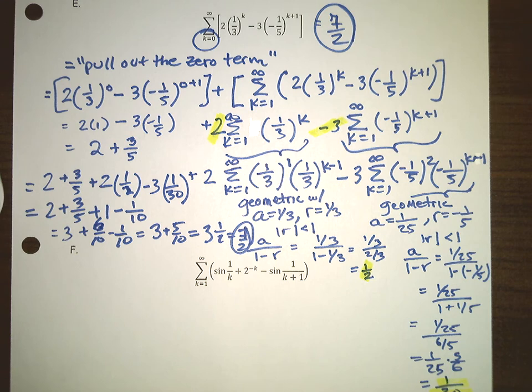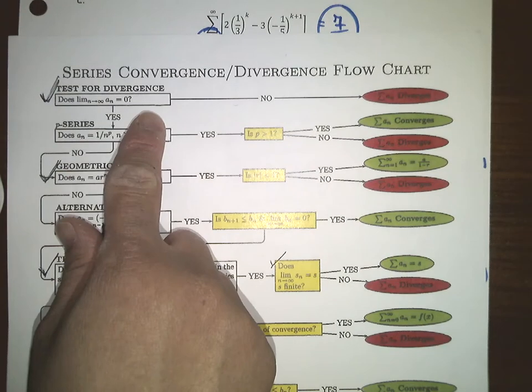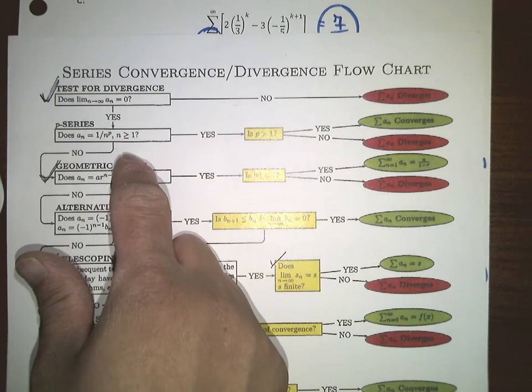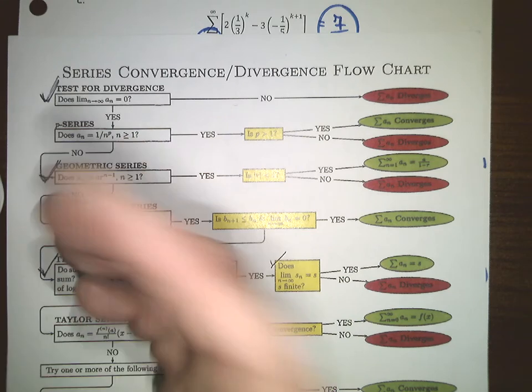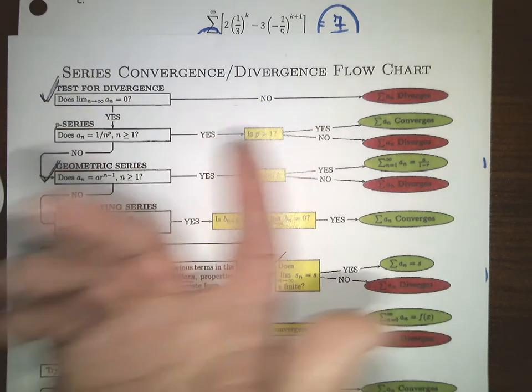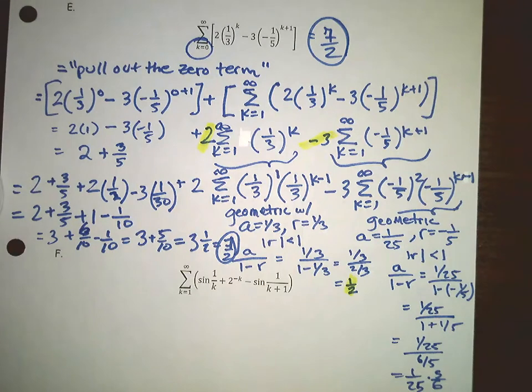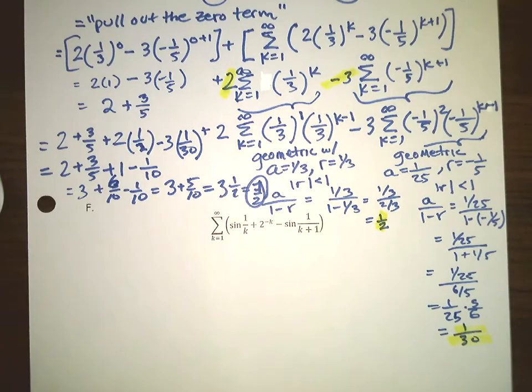That is also why I said that the flow chart would be a good idea to have, because then you know, if the limit is equal to 0, then you need to try something else, like some of the techniques we've been doing. Otherwise, the series would diverge automatically. So just keep in mind that the checklist will help you if you get stuck on where you should even start.